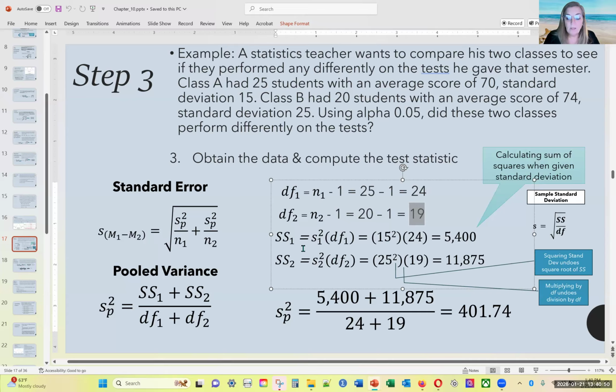Then you calculate sum of squares for each of the groups, and it ends up being 5,400 for group 1 and 11,875 for group 2. Since we've calculated sum of squares and degrees of freedom for both groups, we can now do pooled variance. So we add the two values for sum of squares, and we add the two values for degrees of freedom, and then divide. And we end up with 401.74.